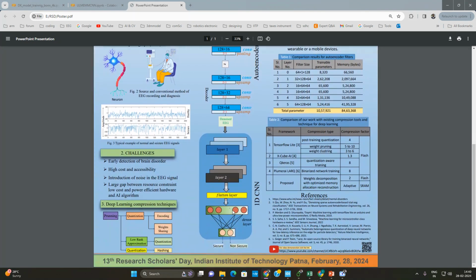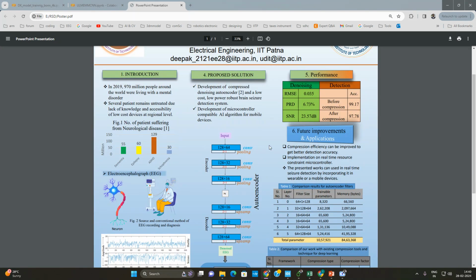Here in the result section you can see the performance of our model. The first two columns represent the denoising performance, like noise, PRD value and RMSE. We also have the results for detection accuracy before compression and after compression, which is near around 100%.